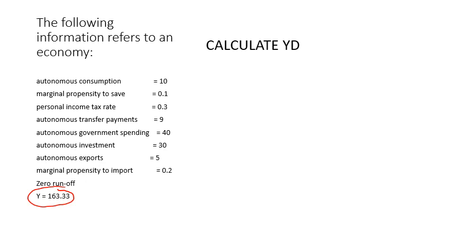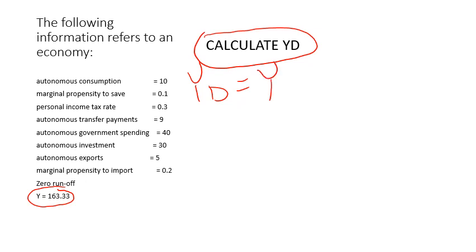All right, so let's calculate disposable income. So the equation YD is equal to, what is it equal to? Y minus TY plus TR, which is autonomous. Okay, so let's see.